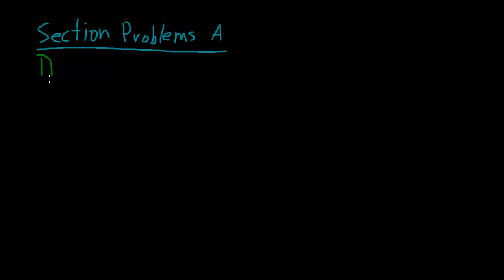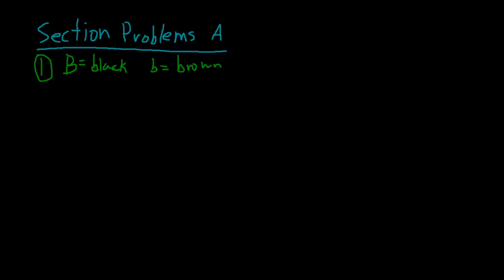So first, number 1. The problem says, in rabbits, the dominant allele capital B causes black fur and the recessive allele little b causes brown fur. So I'll write that down. Big B equals black and little b equals brown.